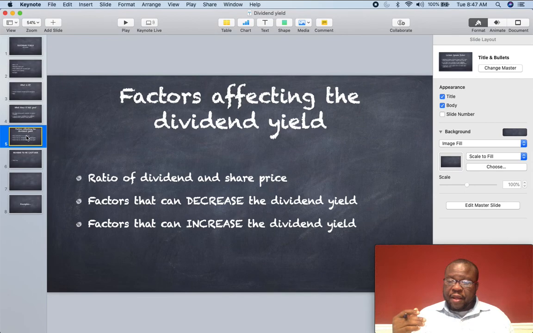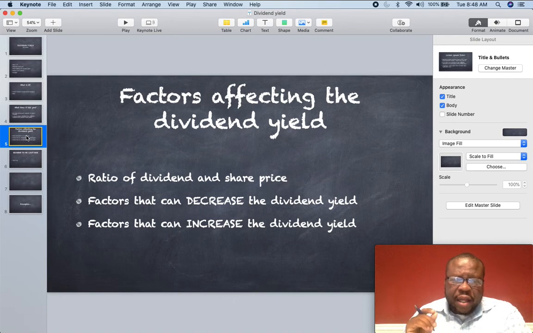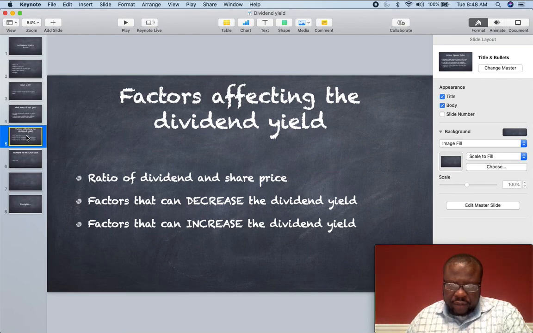So the dividend yield can be affected by both components of the ratio. Okay? Now let's think about this. Let's first look at factors that can decrease the dividend yield.